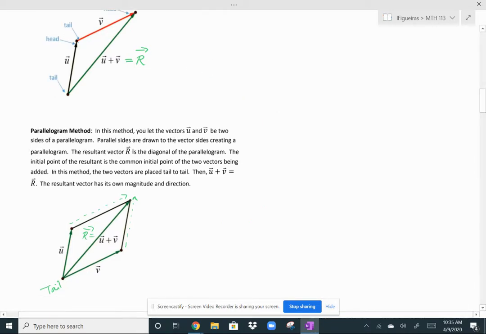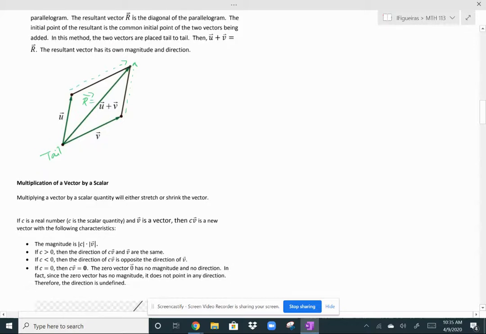Okay, so multiplication of vectors by a scalar. A scalar, remember, it's just a number, it's a quantity. So if we let c be our scalar, and it's a real number, and v be our vector, then cv creates a new vector with the following characteristics.